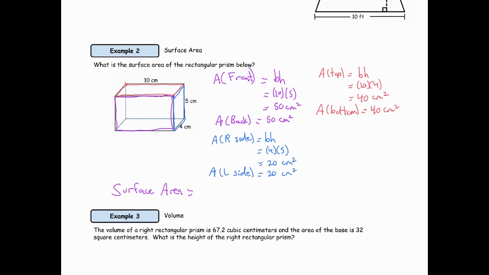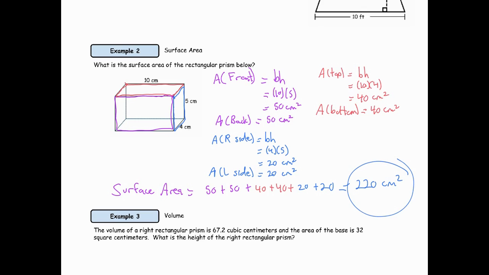We could just find the sum of each surface, 50 plus 50, our front and back, plus the top and the bottom, plus the area of the right side and the left side. Which comes out to 220 centimeters squared.